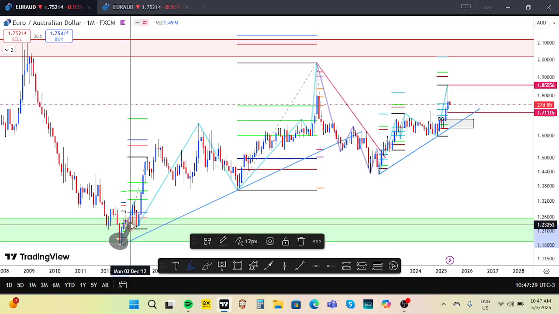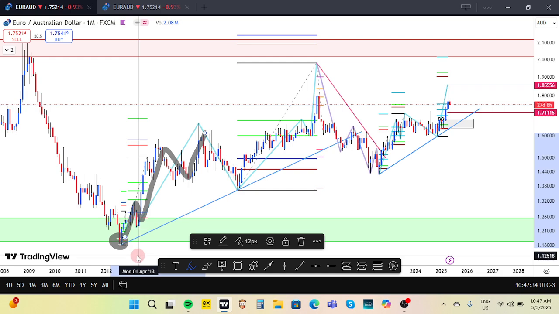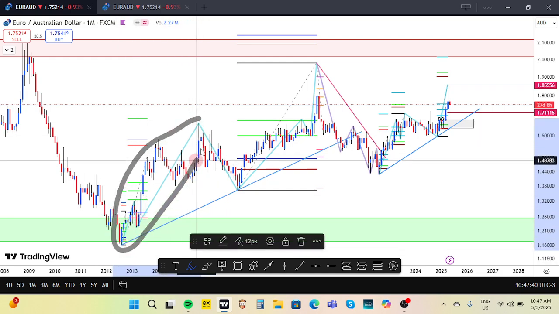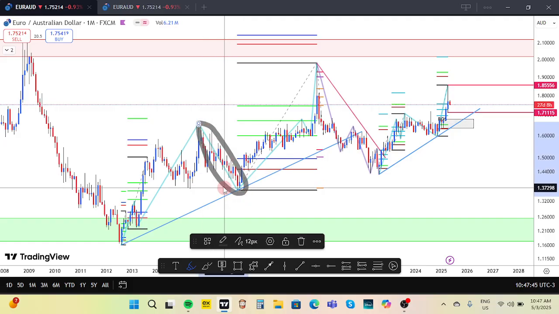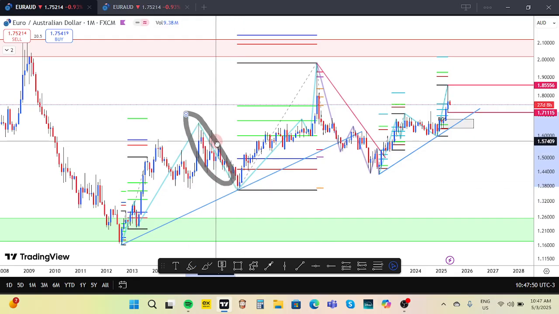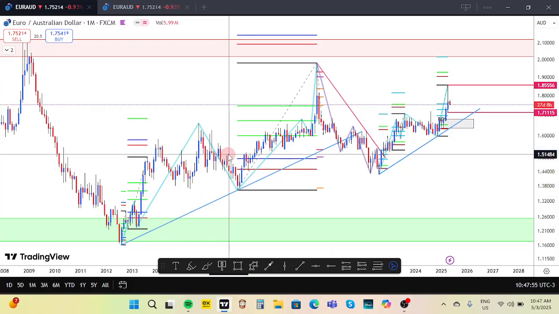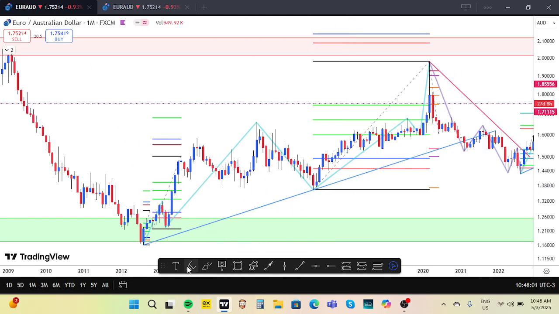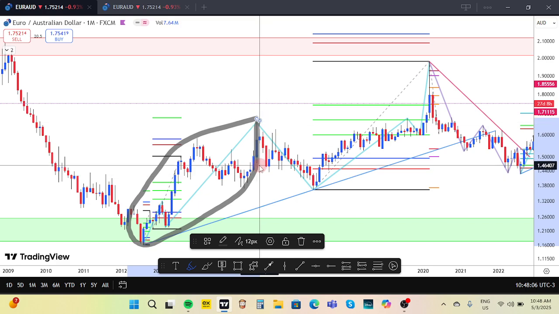I prefer you stick to this movement, and buy this market like this, all of this, and forget about this, because this serves as the correction, the retracement. Now, why am I saying you should stick to these movements only?